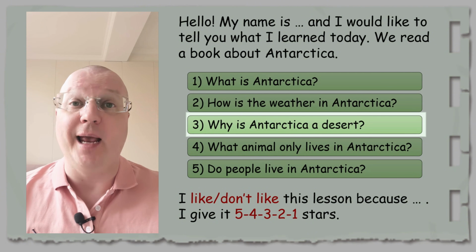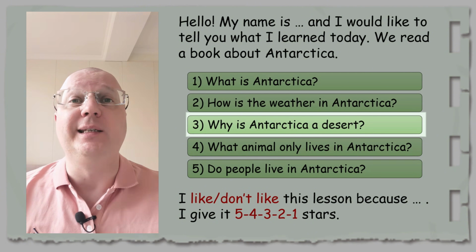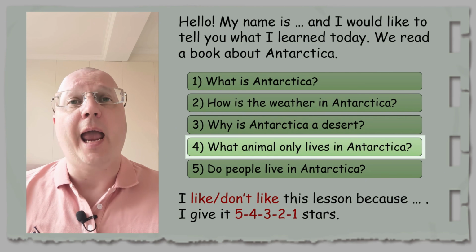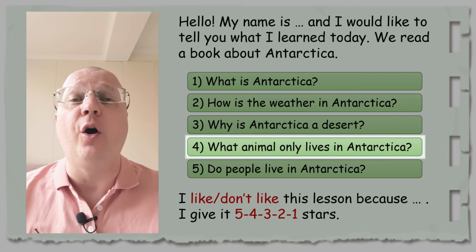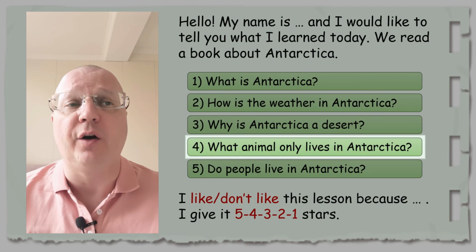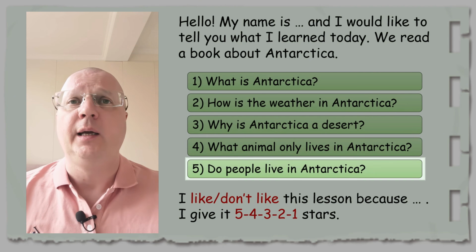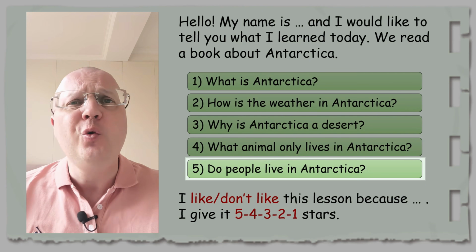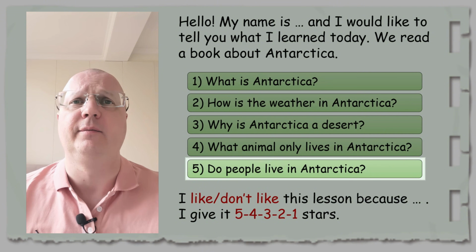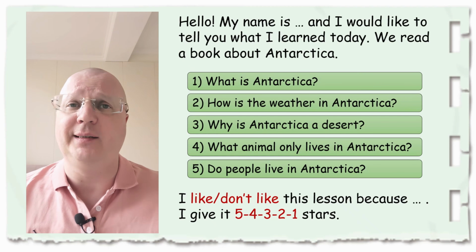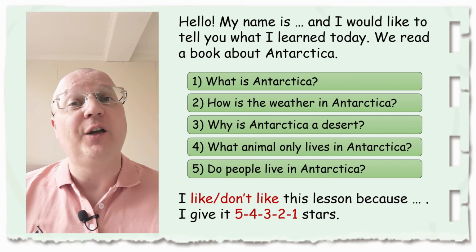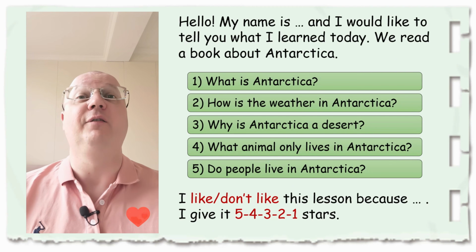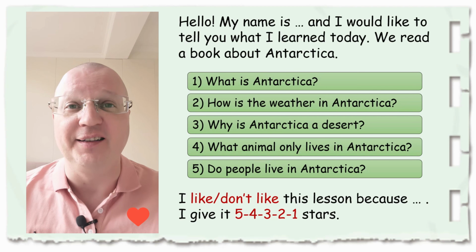Antarctica is a desert because it doesn't snow or rain much here. Emperor penguins only live in Antarctica. People don't live here because it is too cold to live in. I like this lesson because I learned something new about the world. I give it 5 stars.